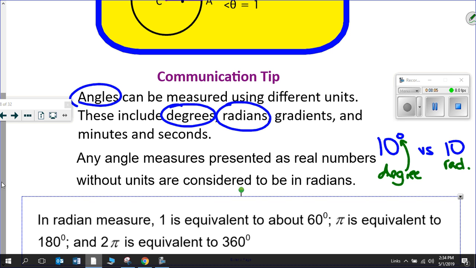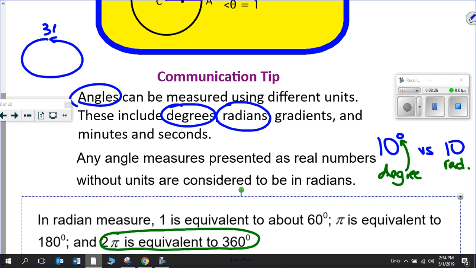The other thing that's important to note is what is equivalent. So basically what you want to remember is 2 pi radians is 360 degrees. So if you were to draw a full circle, right, that would be 360 degrees, something we're familiar with.